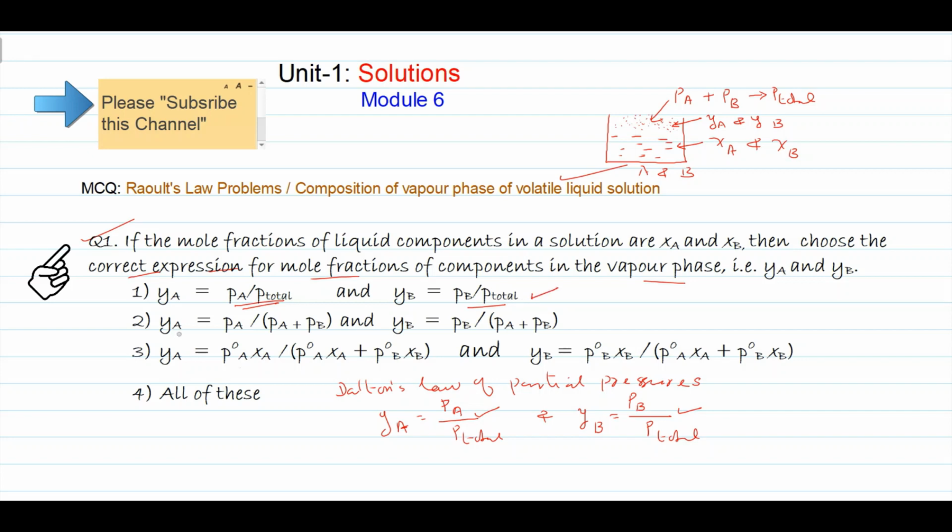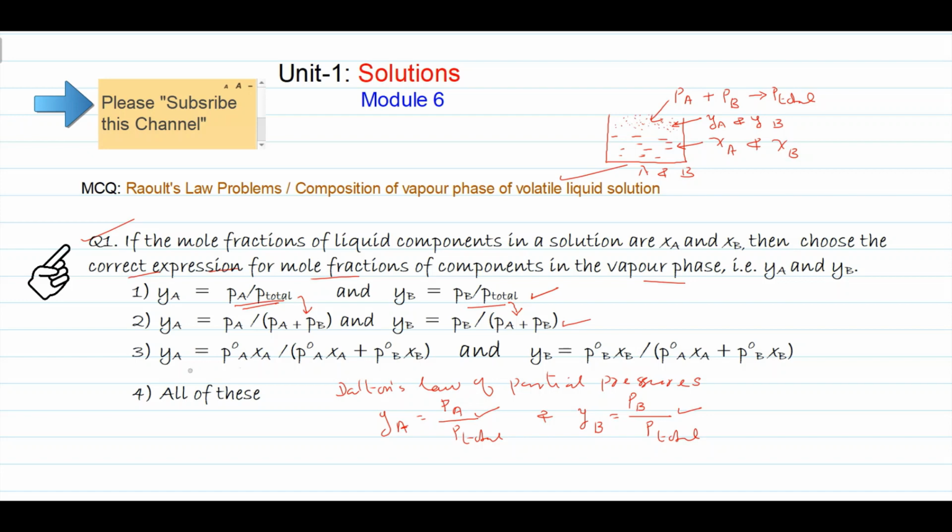Then checking option 2. When you go through the expression, it is clear that it is a modification of expression given in option 1. Instead of P total, it is written as Pa plus Pb. Here also, instead of P total, Pa plus Pb. So expression 2 is also correct.